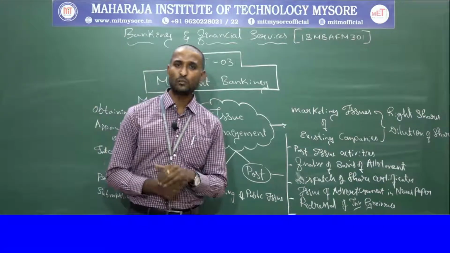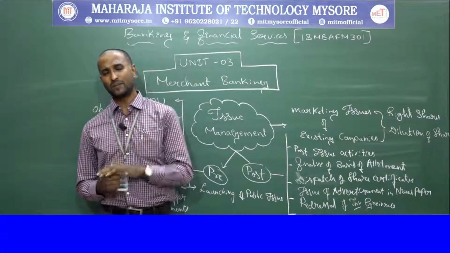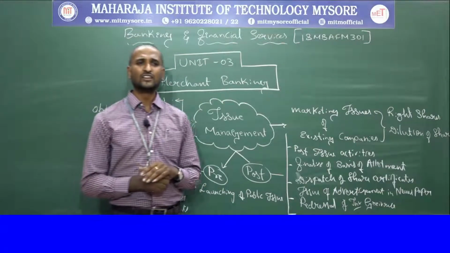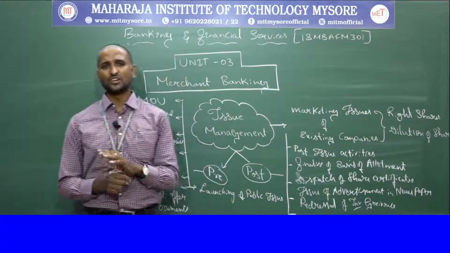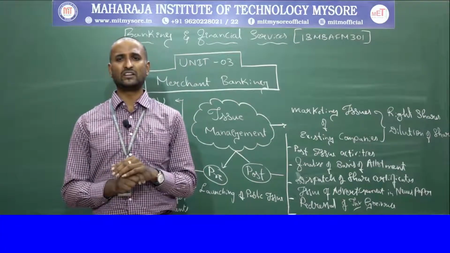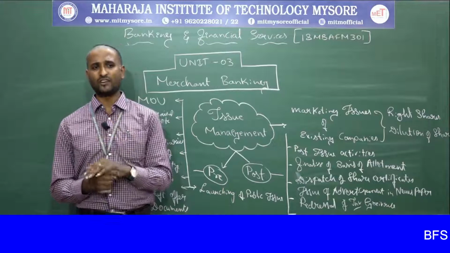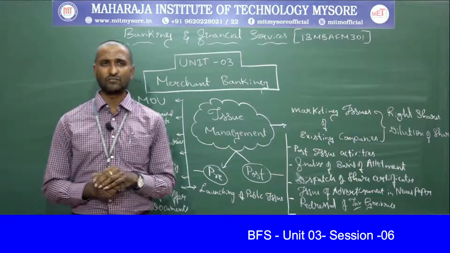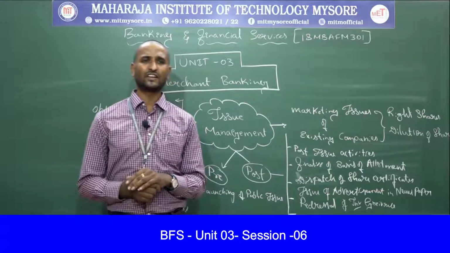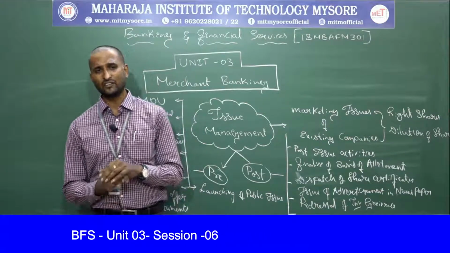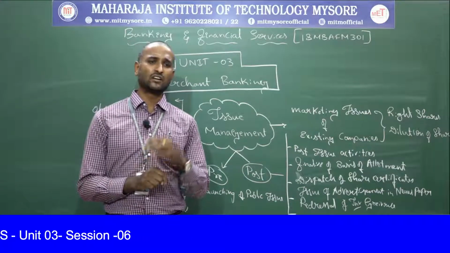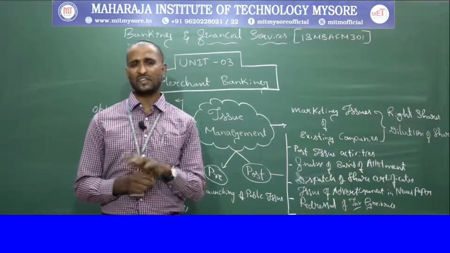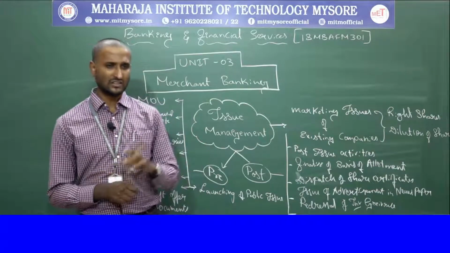Then coming to book building issues, a 20% price band is offered by the issuer within which investors are allowed to bid, and the final price is determined by the issuer after the closure. Here the demand for the securities offered at various prices is available on a real-time basis on the BSE website during the bidding.